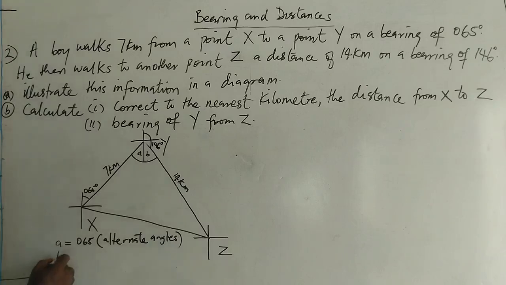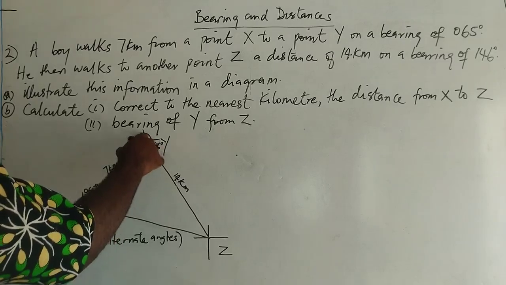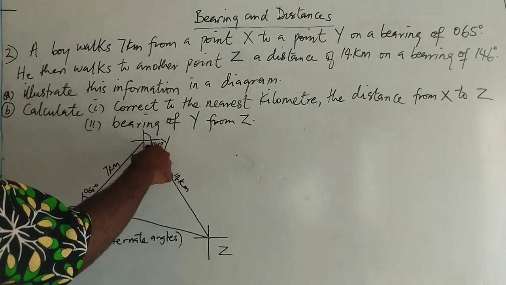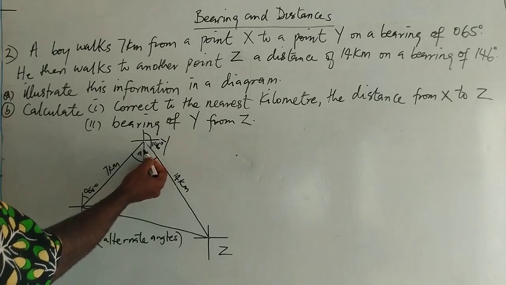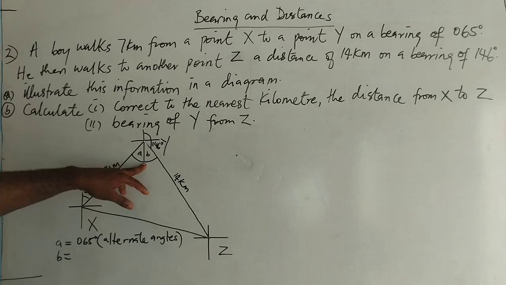So what of our B? If you look at B here, you discover that there is another angle outside of it, which is the 146. So from 146 to this place, remember, at the South pole, the angle is 180.